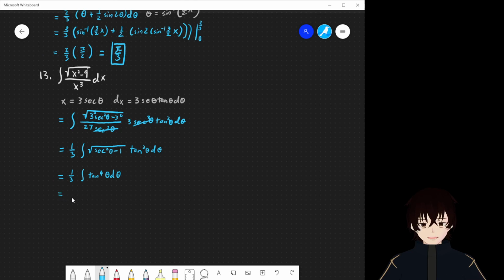And to integrate that, oh no, how do I integrate tangent again? If I'm not mistaken, we have tangent squared, and then we have secant squared theta minus 1.